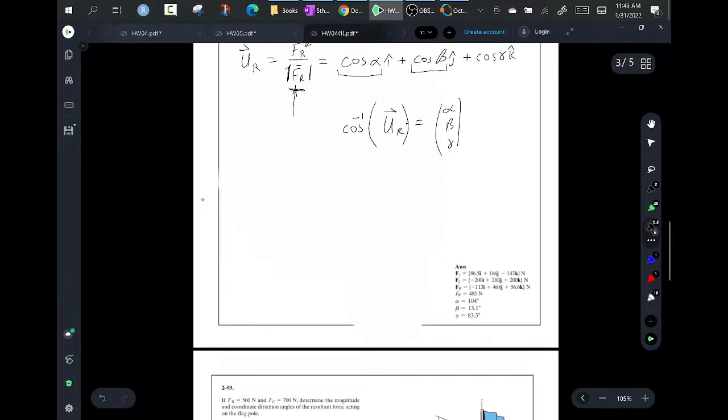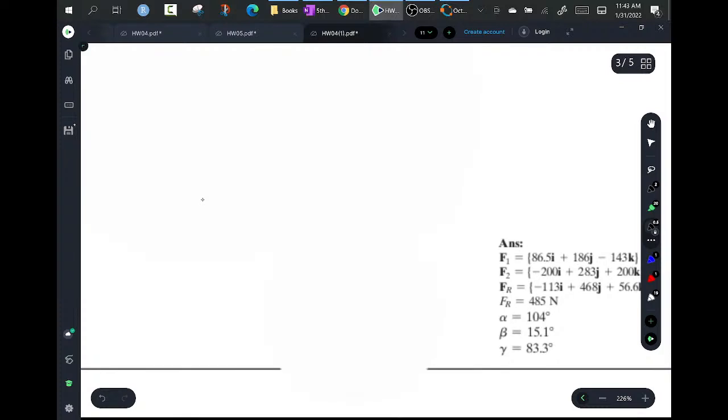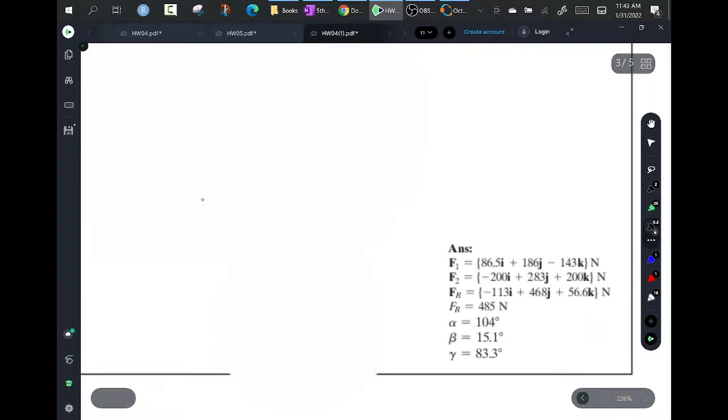And so here's your answer. He lists the resultant, then the magnitude of the resultant, and then the angles there. You can check yourself. If you take 113 divided by 485, take the arc cosine, or inverse cosine, you should get 104.